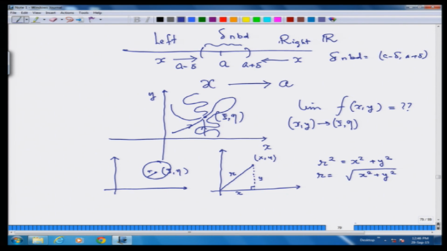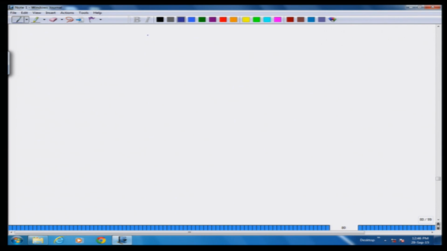Now, what about the distance between two points in the plane? That is more important. Suppose this is (x, y) and this is (xi, eta).